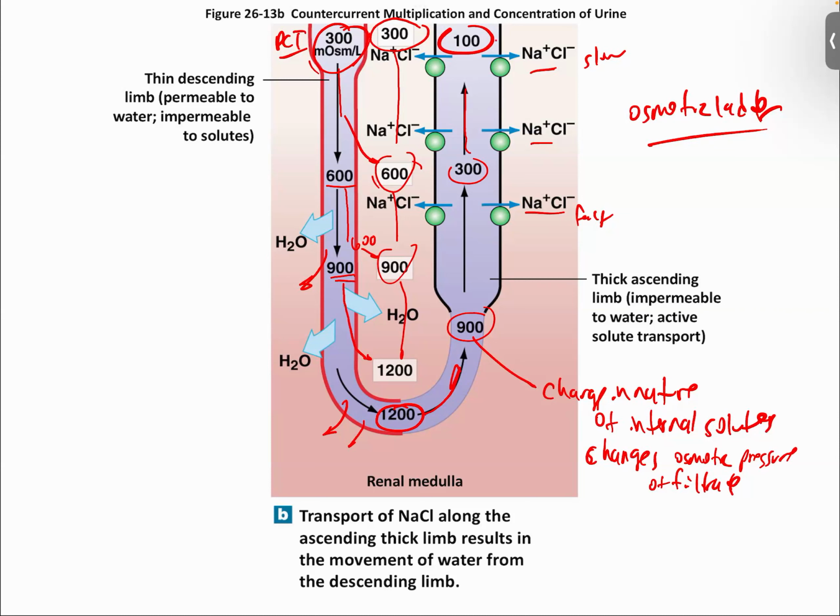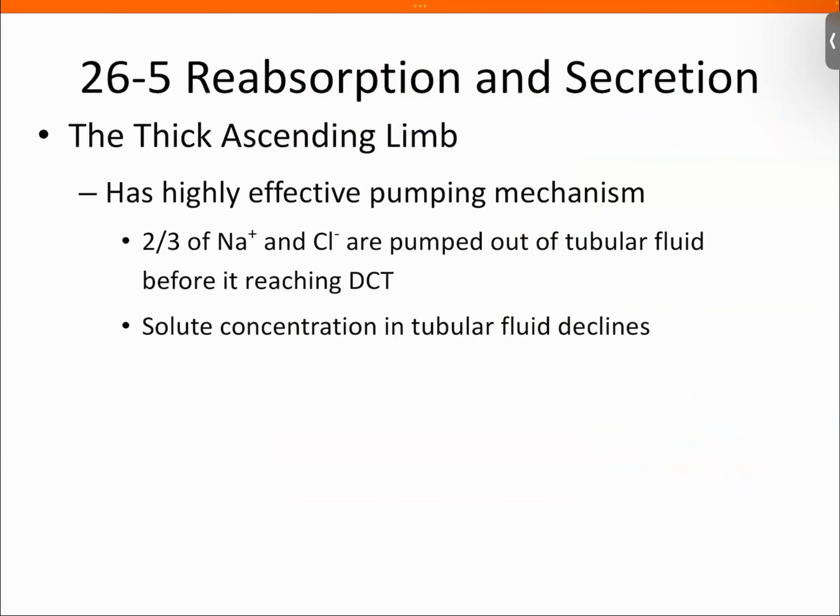Now, once you get up to here, you're ready to move into the distal convoluted tubule. This ascending limb is really, really efficient, obviously, right? Because you go from 1200 milliosmoles at the bottom of the loop to 100. That's basically a 10-fold offload of solute. That's pretty impressive, so it's obviously very effective.